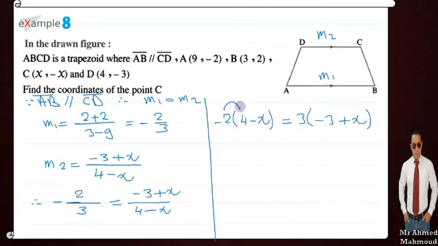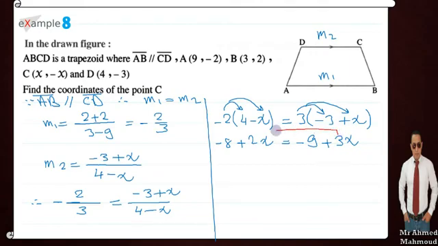Now I'm going to distribute here. Negative 2 times 4 equals negative 8. Negative 2 times negative x equals positive 2x. Equal 3 times negative 3 equals negative 9. 3 times x equals positive 3x. Okay, now I'm going to collect x on one side and the numbers on the other side.